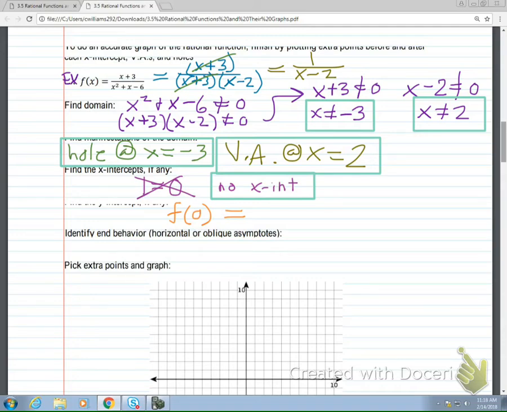So, to find the y-intercept, I'm going to go back and stick a 0 in wherever I see an x. It's going to look like this, 0 going in everywhere that I see an x. The cool thing is that all those little 0 pieces are zeros, so they're not even there.